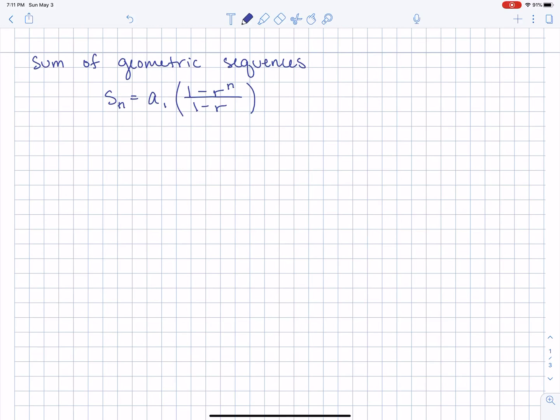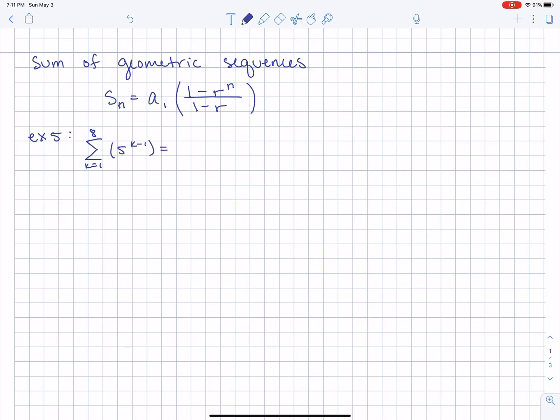So we're going to jump right into example 5, and we have a sum, so sigma, going to our 8th term, and we have 5 to the power of k minus 1.